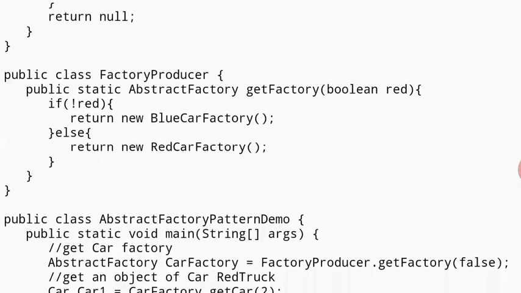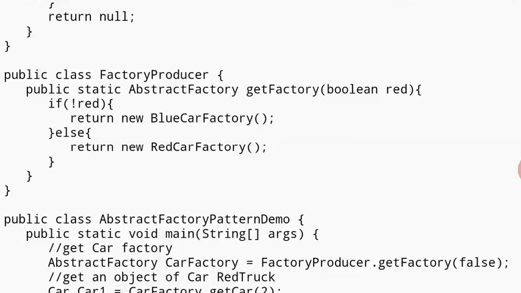Now I have another factory class, which decides which factory class is to be returned. It will receive the user input for the color type.